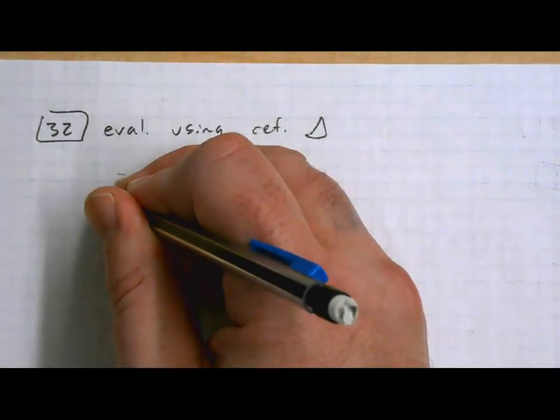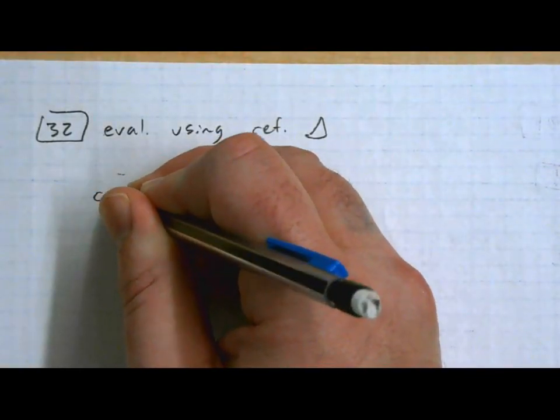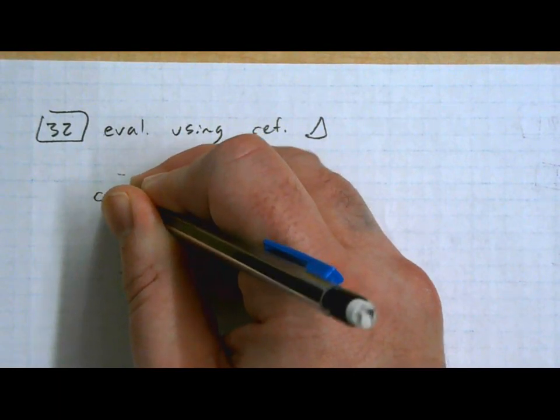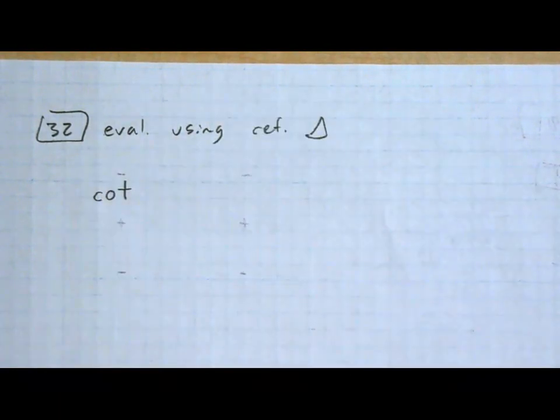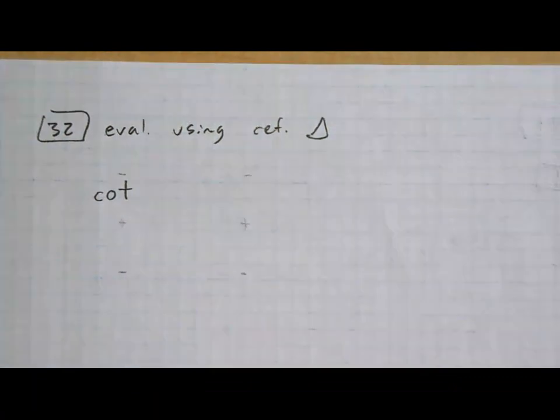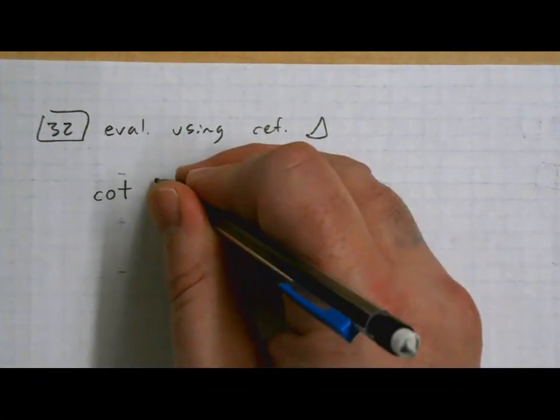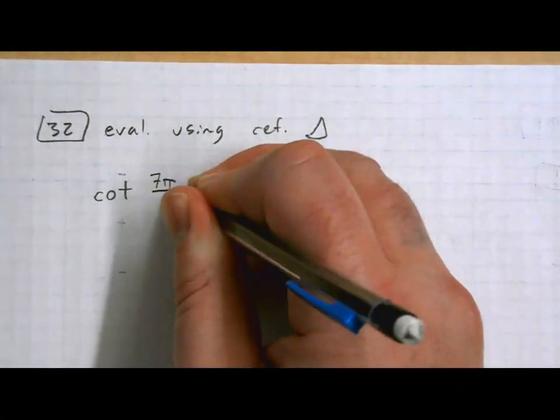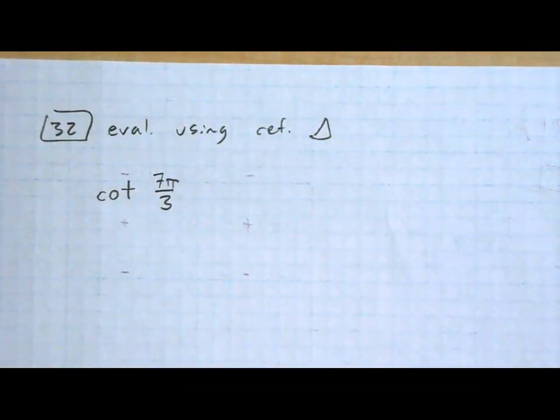So you've done some problems like this, but all of the problems that you've done so far like this have been angles between 0 and 90. We're going to branch out and do some bigger angles this time. And I'm going to give you a step-by-step for this one.